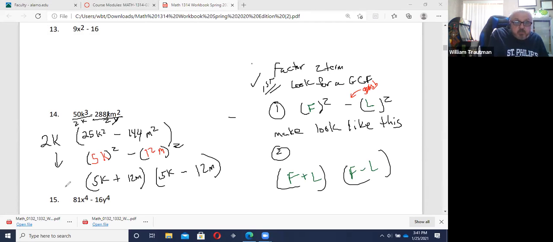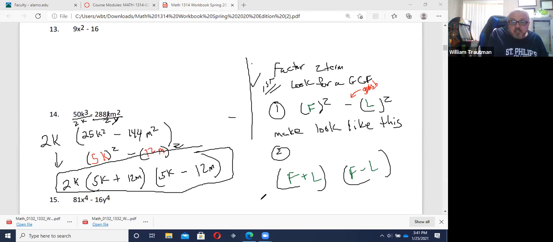And don't forget, this 2K is still part of our answer that we divided out. And so this is our fully factored answer for two terms. These are the steps for factoring two terms.